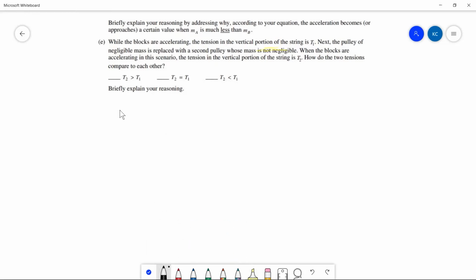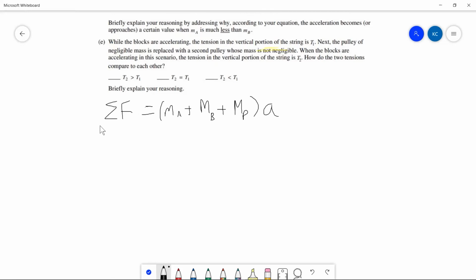So now the net force, which doesn't change, is equal to a greater net mass, which consists of mass of A plus mass of B plus the pulley, which we'll call the mass of P, times the acceleration of the system.